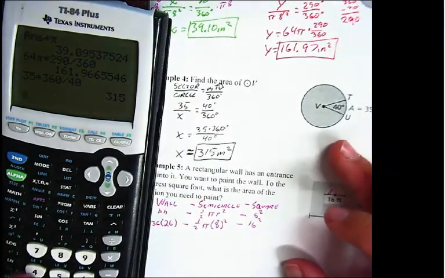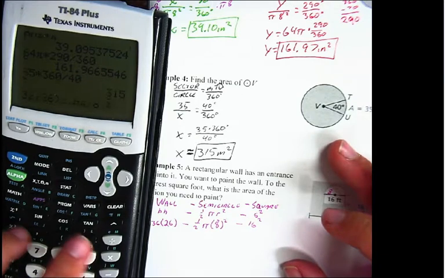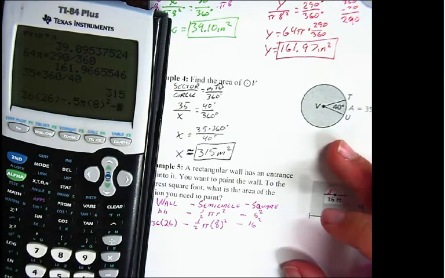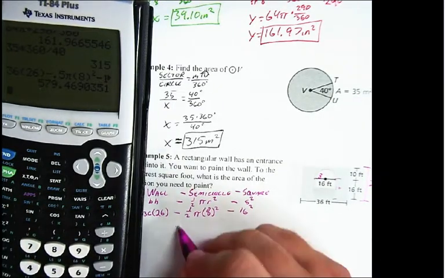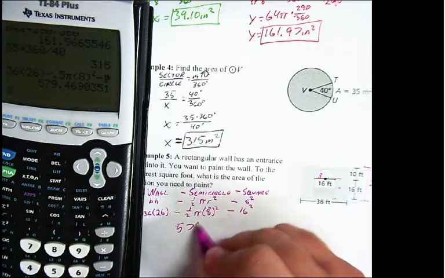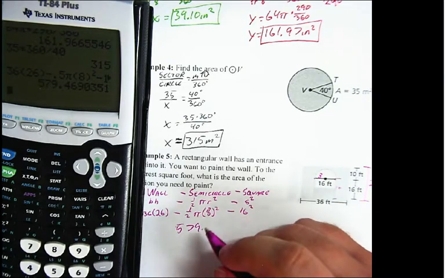We have 36 times 26 minus 1/2 of pi times 8 squared minus 16 squared, and we get 579.469.